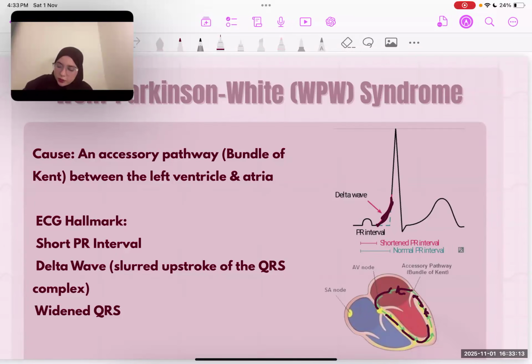Now, what happens is that since it's going back, you're not going to have a very pronounced Q. Instead, you're going to have a delta wave. And when you have a delta wave, your PR interval is obviously going to get short, because you don't have the wave that's supposed to be here. Does that make sense?